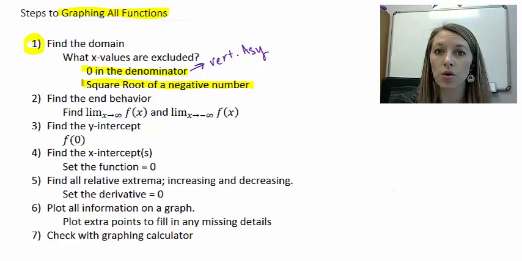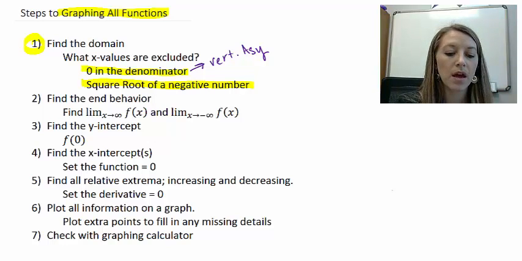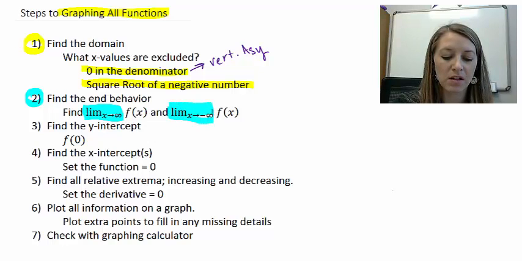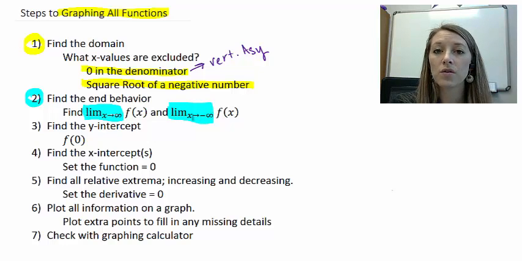Those numbers just don't apply on our graph. Then we find the end behavior, and we do that by using calculus information, the limit as x is approaching positive infinity, the right-hand side of our graph, and x is approaching negative infinity, the left-hand side of the graph. So if you need to go back and review infinite limits, this would be a great time to do so.